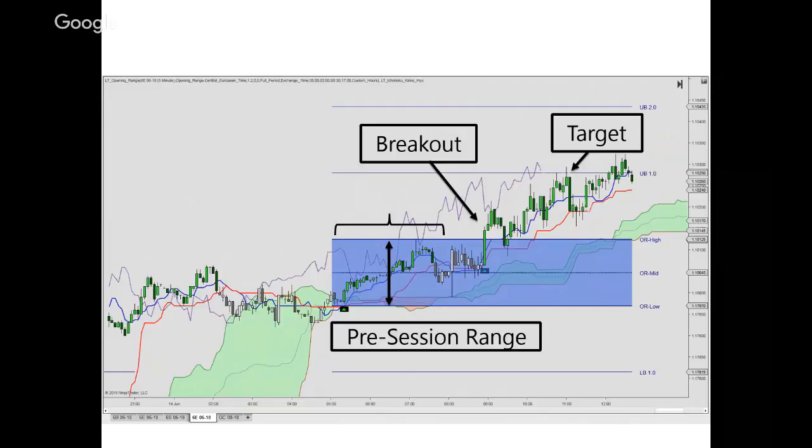We're looking at the range high and low points for the 3-hour window leading up to the Frankfurt Open. We're qualifying the breakout with the Ichimoku signals, and we're setting the targets and stop loss based on the range here.